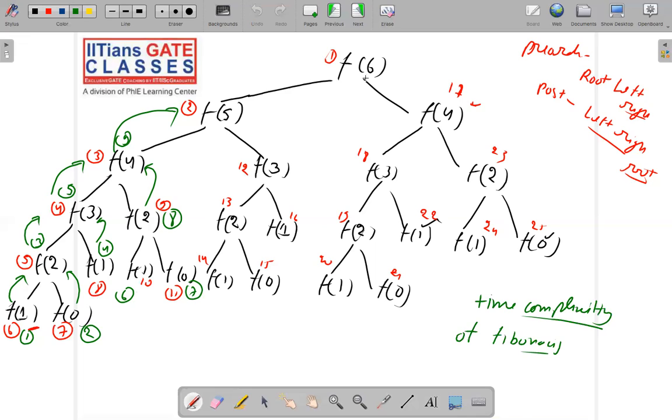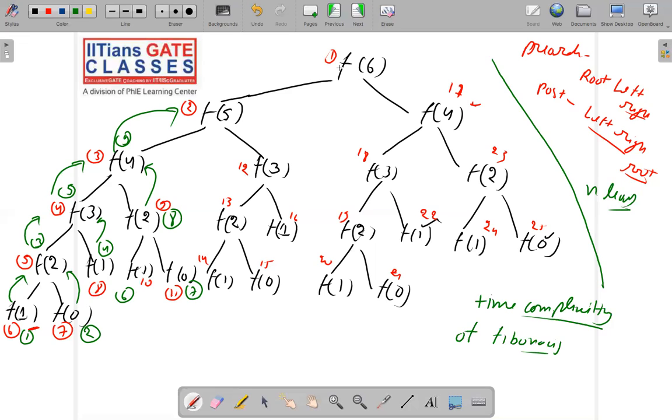We can calculate the time complexity using this tree. The height of the tree can actually grow to n. So we have n levels.